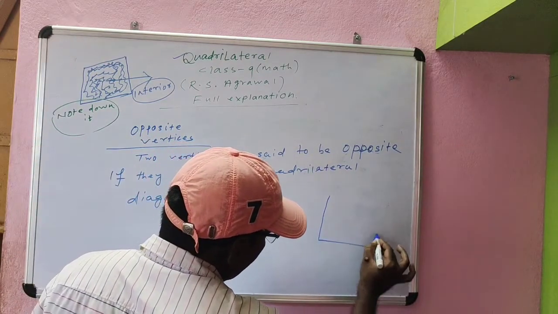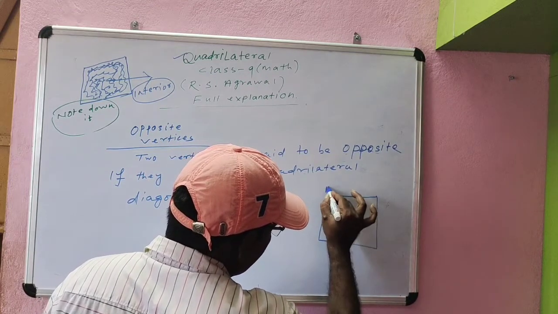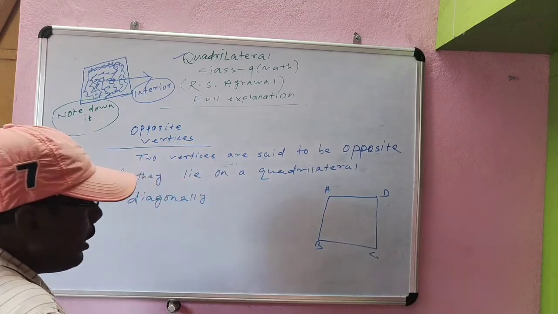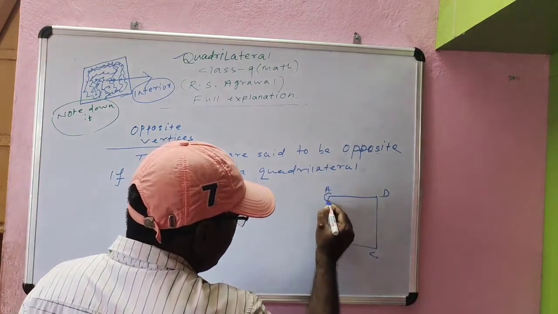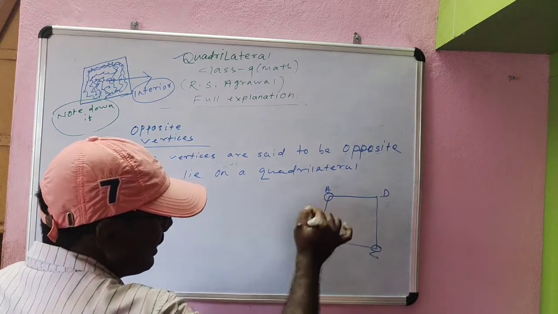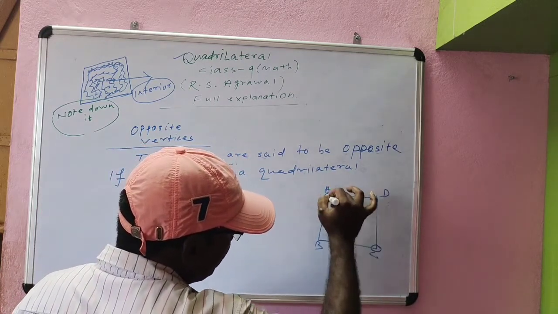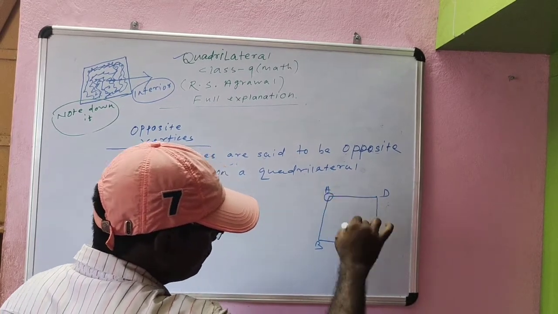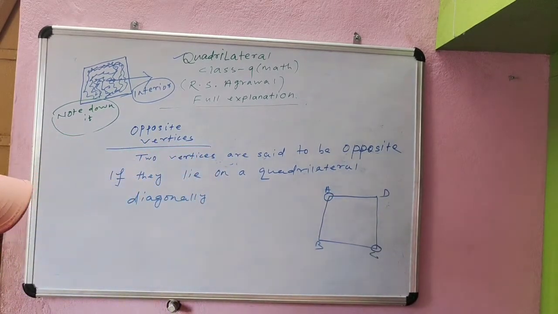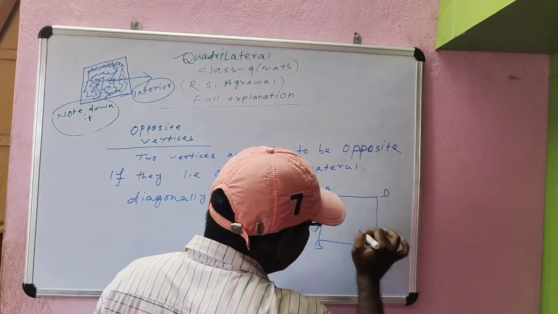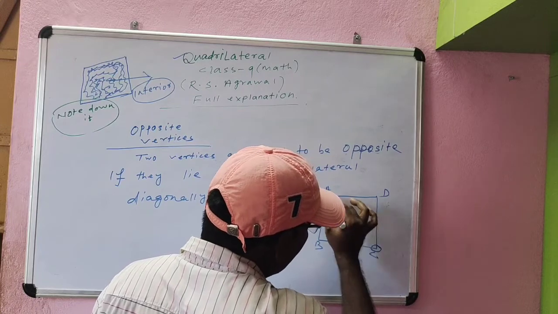Suppose it is the quadrilateral ABCD. If you take vertex A and vertex C, then we see that they lie diagonally. Therefore, these two vertices are said to be opposite.